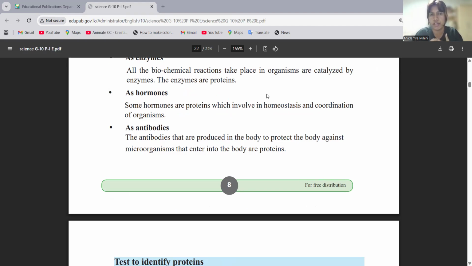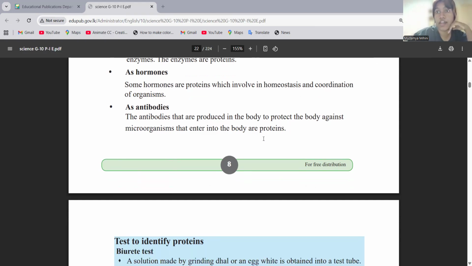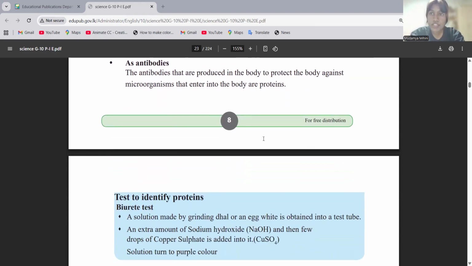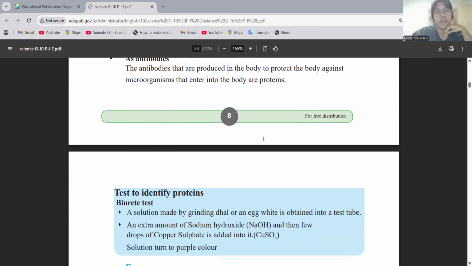So any external object that comes into our body, my antibodies are ready to fight with it. It's basically in our immune system, so that it creates a protection to our body. So these antibodies are also part of a protein. So remember that protein is very important, because antibodies are also proteins.